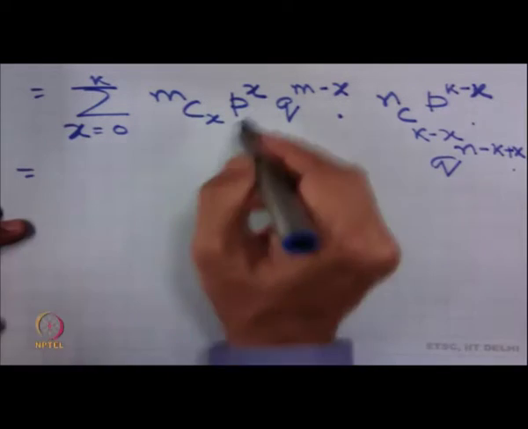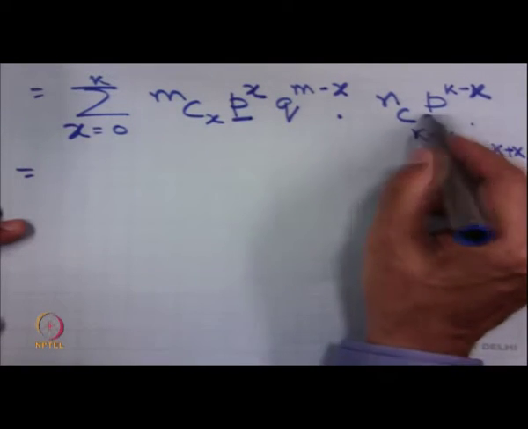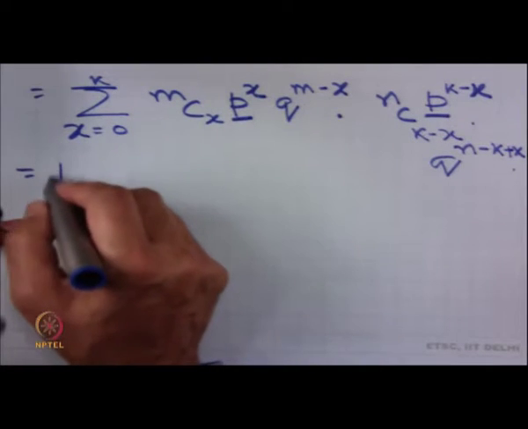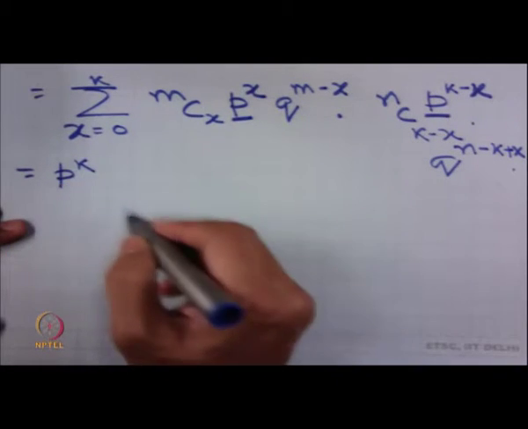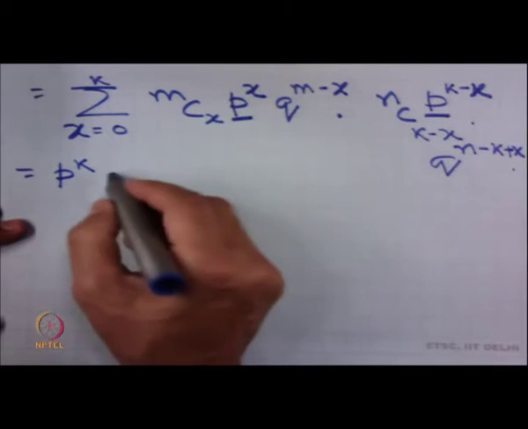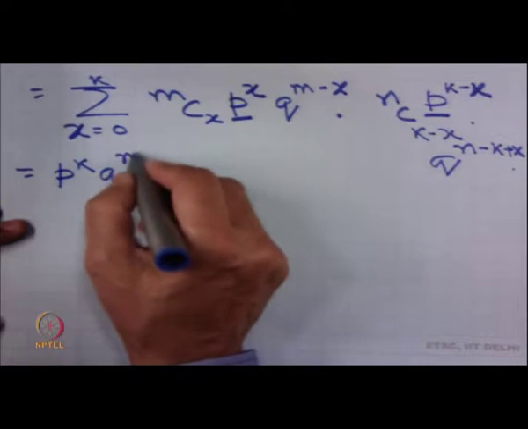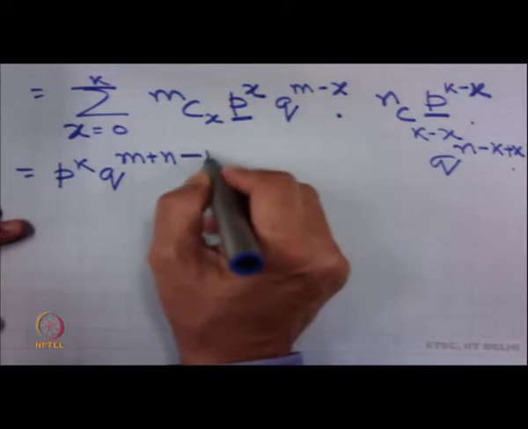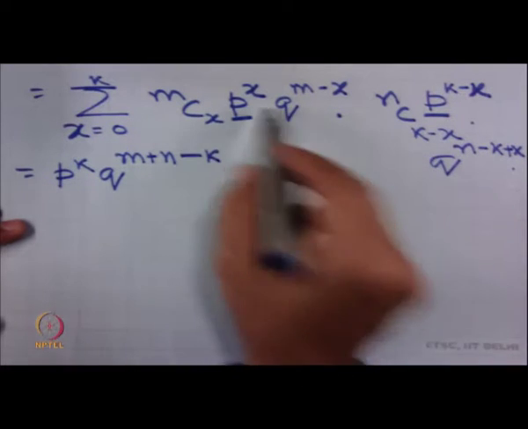Now if we look at it, this comes out to be p to the power k, which we can take out of the summation. This comes out to be q to the power m plus n minus k, so that is also independent of x.